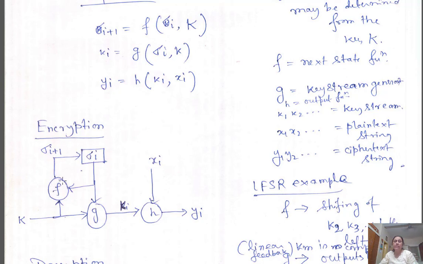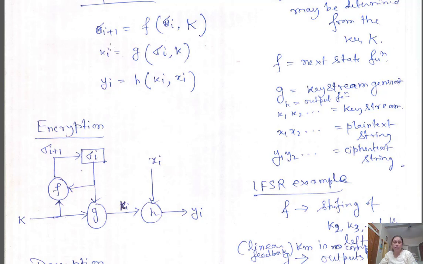The next state function takes the key and the current state and produces the next state sigma i plus 1. G takes the key and sigma i plus 1 and produces Ki plus 1, like that. So the key stream is generated in this way, and every time your state is updated. When it is sigma i plus 1, F takes the key and sigma i plus 1 and produces sigma i plus 2. So it gets updated, and this way the whole thing runs.